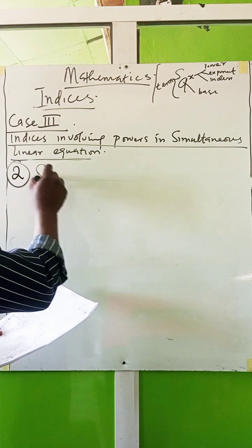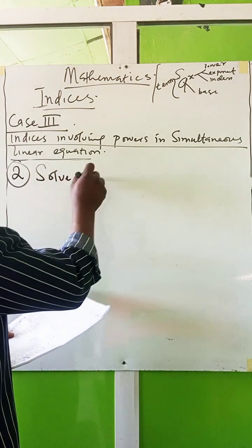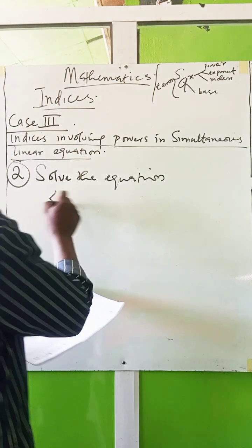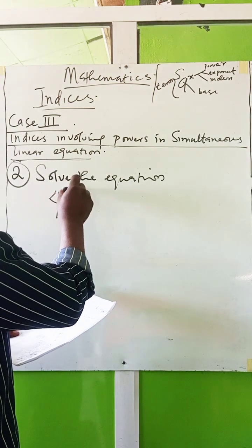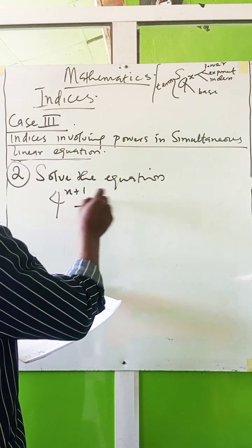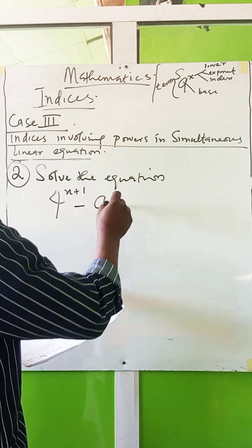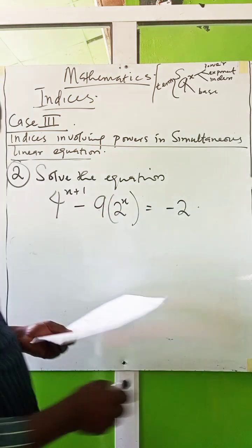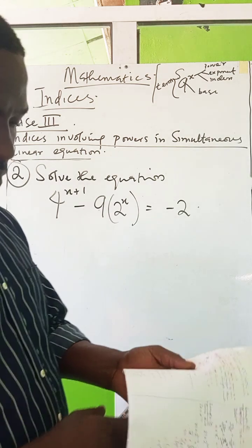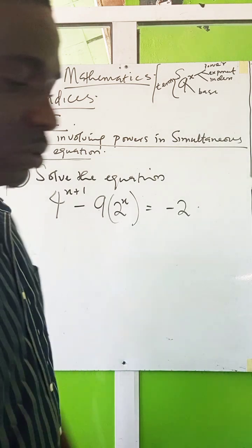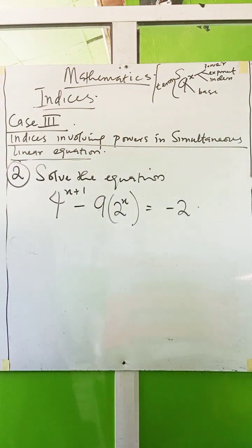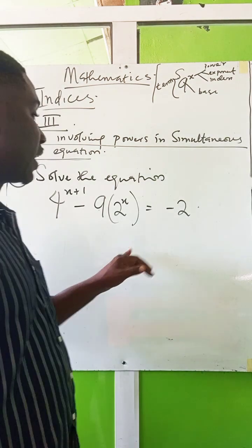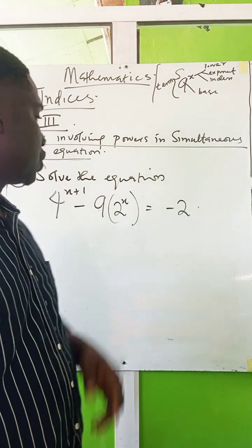It says solve the equation 4 raised to power x plus 1 minus 9 bracket 2 raised power x equals minus 2. Now this is called an exponential equation.